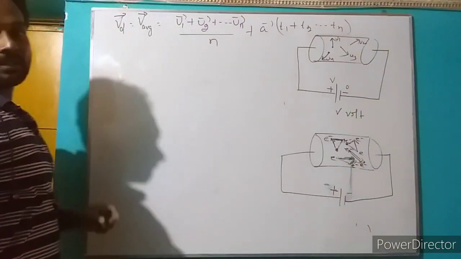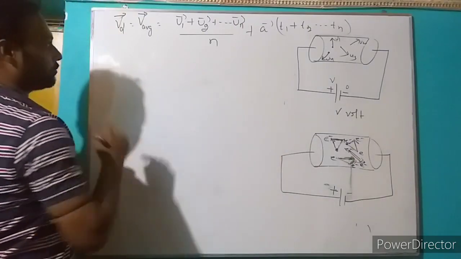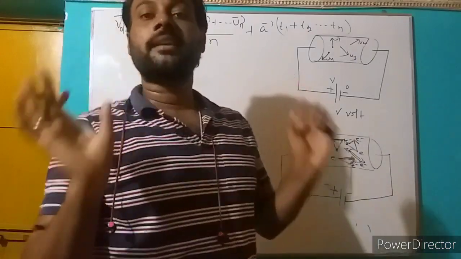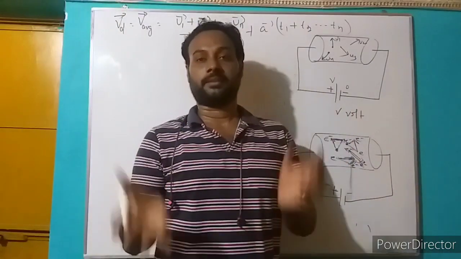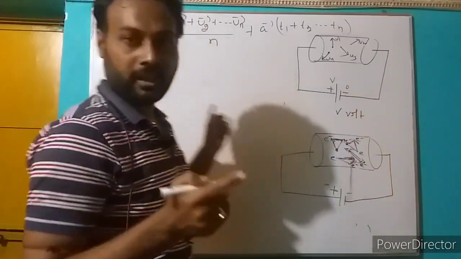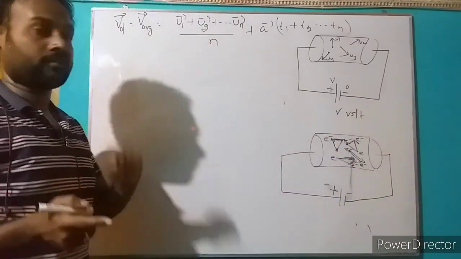So as you know from equation 1, the net average initial velocity of the free electrons before applying the battery is 0. Already I have given that in equation 1.